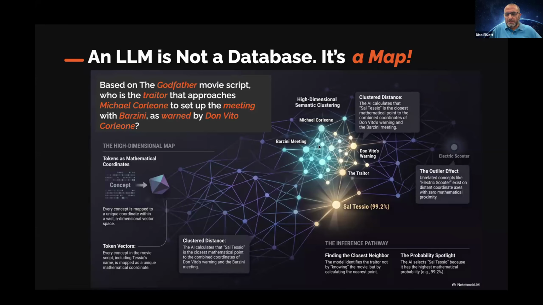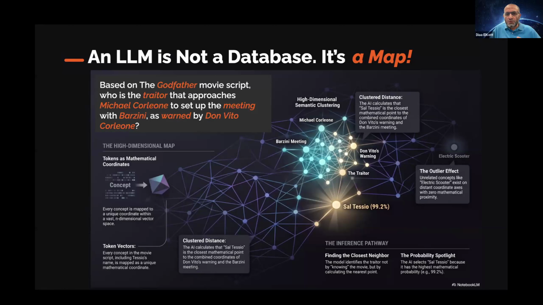As soon as they are passed to the algorithm within the language model, the coordinate for each one of these key points is taken, and the language model searches within the vicinity of every token to find, at the very end, that the traitor was Tessio, and he meets his demise because of being a traitor to the Corleone family.